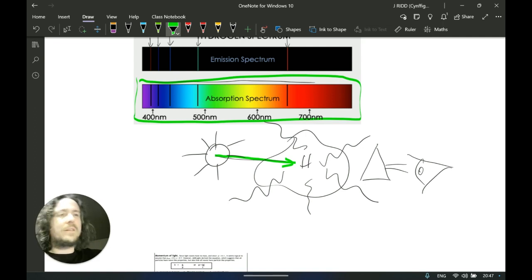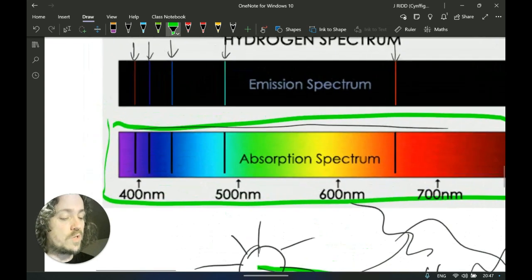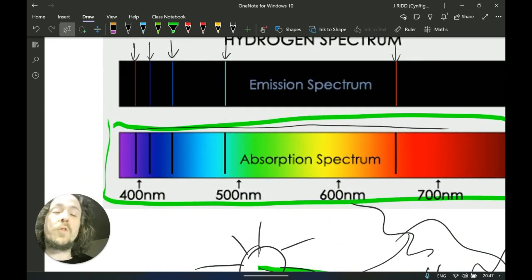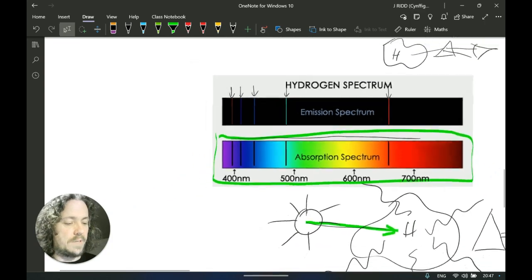And then they'd be re-emitted in some random direction. And that random direction would almost certainly not be in our direction, and therefore those lines would be missing from the absorption spectrum. However, it is worth noting, of course, that the absorption spectrum perfectly matches the emission spectrum in the sense that the lines or the dark bands are in the same places.